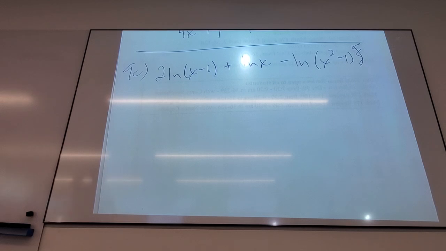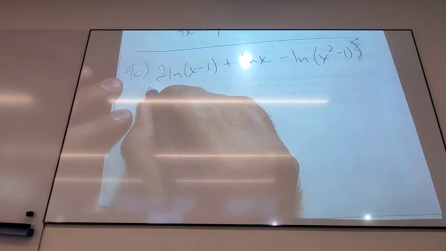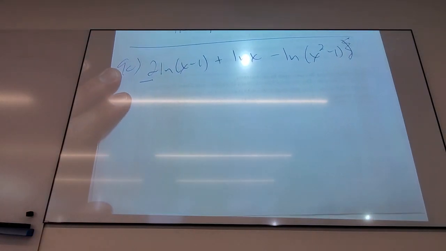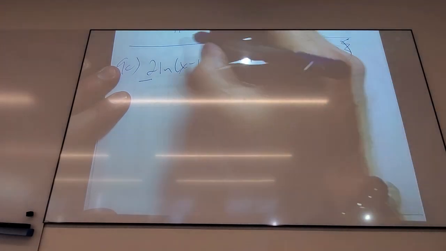Log of A divided by B. There's one thing in our way, because I don't have a clue what 2 log A plus log B is. I know what log A plus log B is. So what's in my way? A dumb 2. What can I do with that dumb 2? Put it up top. Yes.